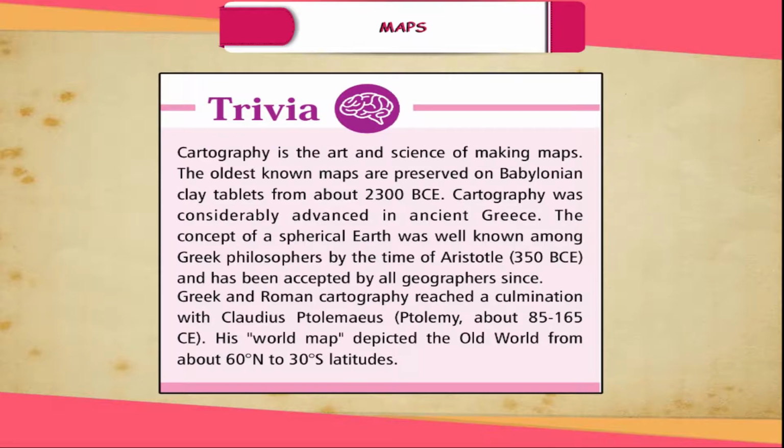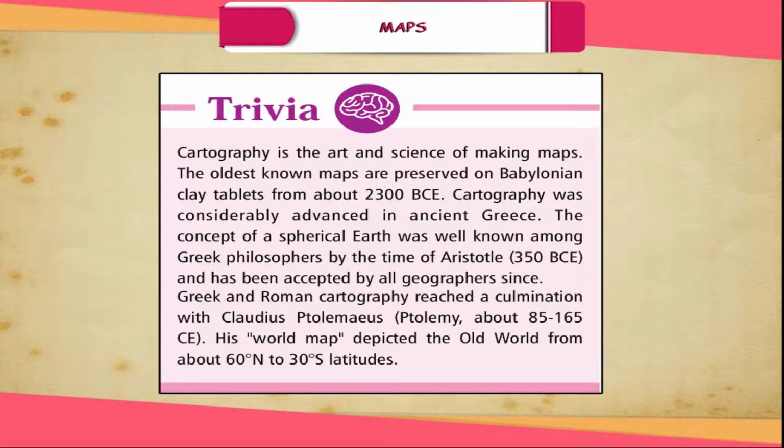Trivia. Cartography is the art and science of making maps. The oldest known maps are preserved on Babylonian clay tablets from about 2300 BCE. Cartography was considerably advanced in ancient Greece. The concept of a spherical Earth was well known among Greek philosophers by the time of Aristotle, 350 BCE, and has been accepted by all geographers since.